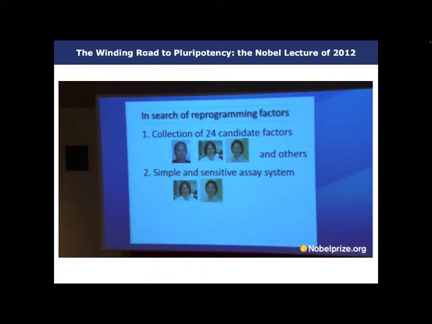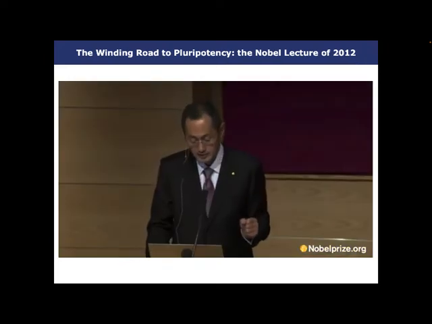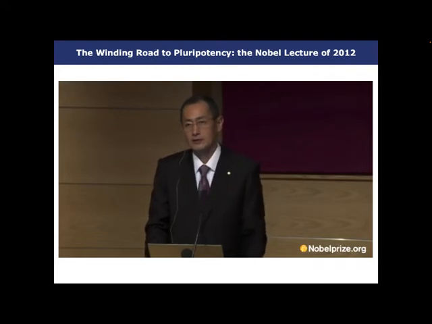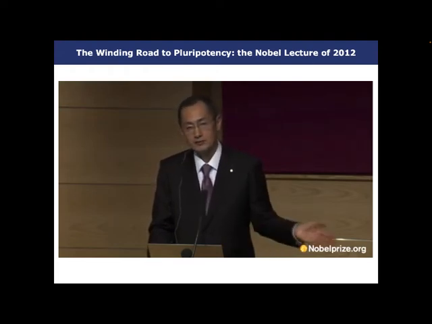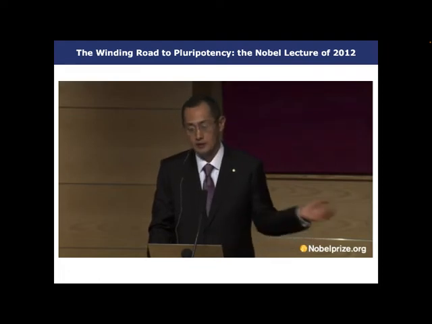Actually, we generated knockout mice and knockout ES cells of a gene which I thought essential in mouse ES cells and in mouse early development. However, nothing happened to those knockout mice and knockout ES cells. Those mice were just happy.